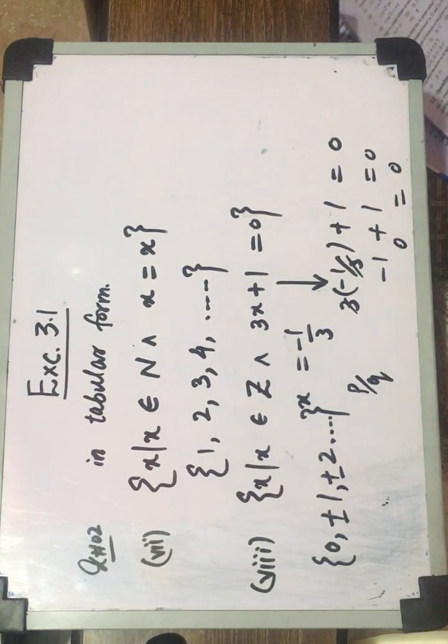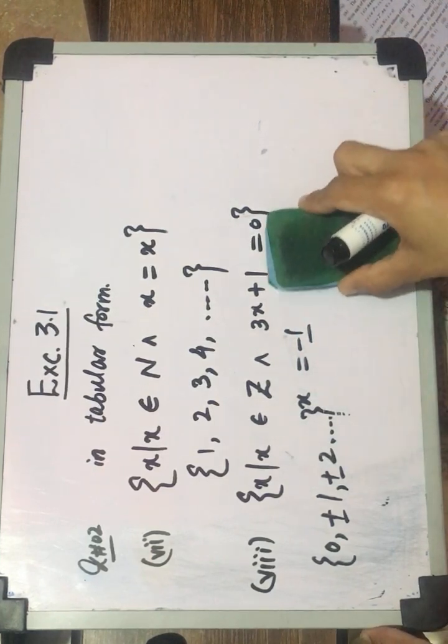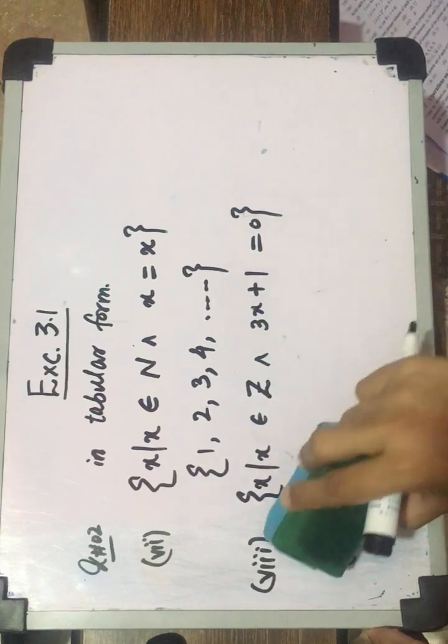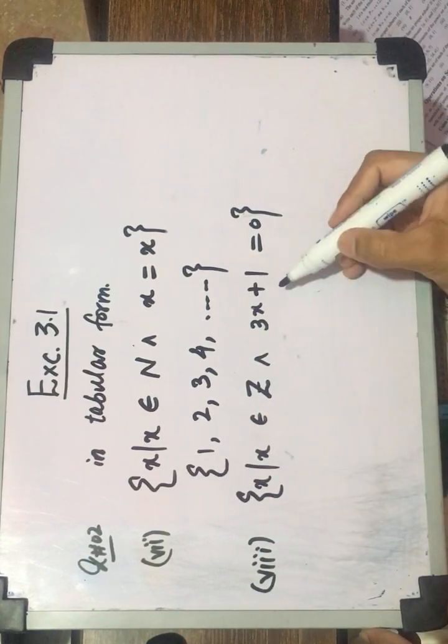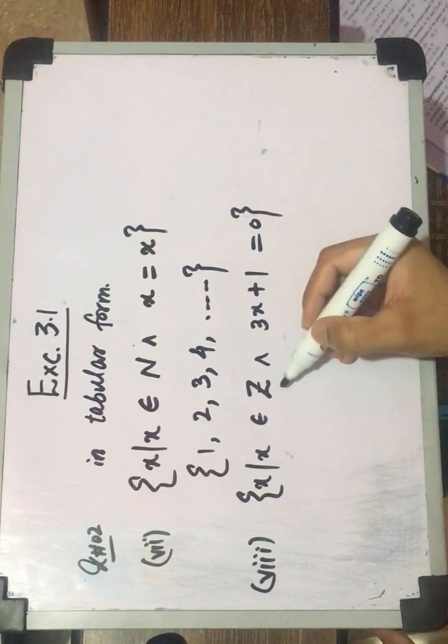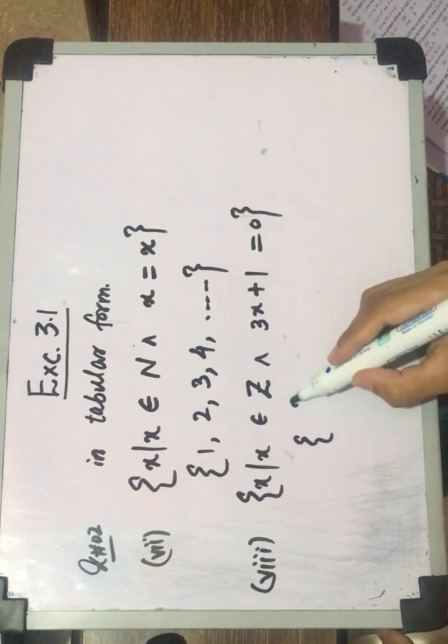So its solution set is an empty set, because at minus 1 by 3 the equation is satisfied, but minus 1 by 3 is not an element of the integers, so we have an empty set.